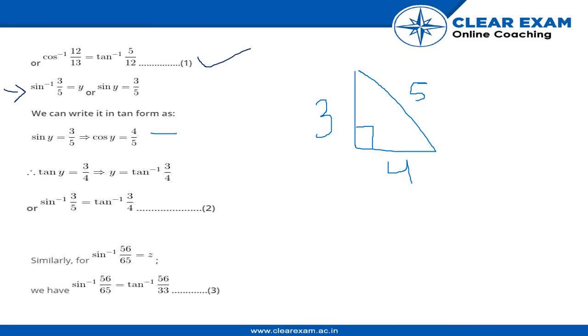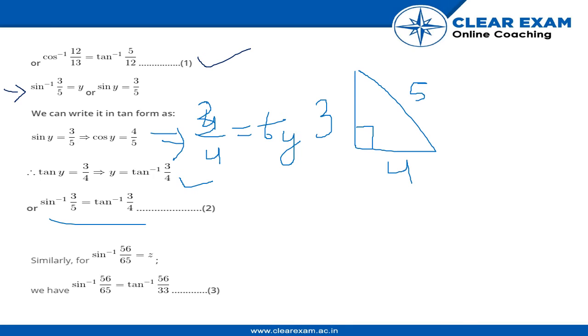So we can write sin y is equal to 3 by 5, which implies that tan y is equal to 3 by 4, which implies that y is equal to tan inverse 3 by 4. So sin inverse of 3 by 5 is equal to tan inverse 3 by 4.